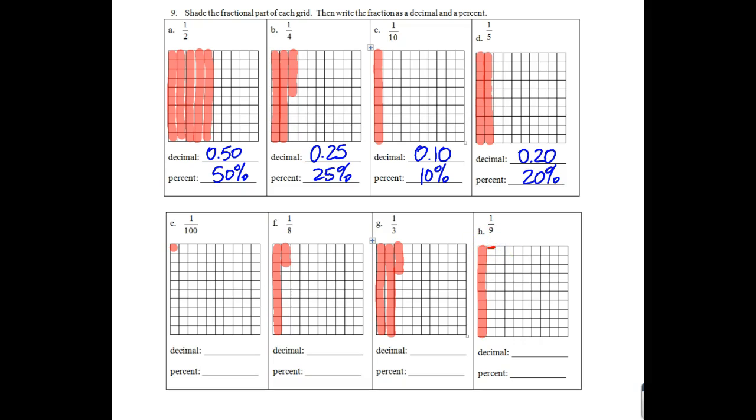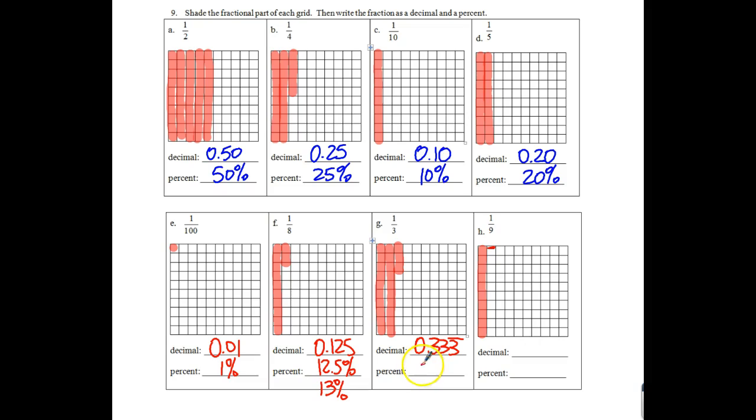Okay, and you could have done those with your long division. Okay, so let's go through these. 1/100th, 0.01, so that's 1%. 1/8, we did this before, was 0.125, so that's 12.5%. Or you could have said 13% if you wanted to. 1/3, 0.333 repeating and repeating, right?